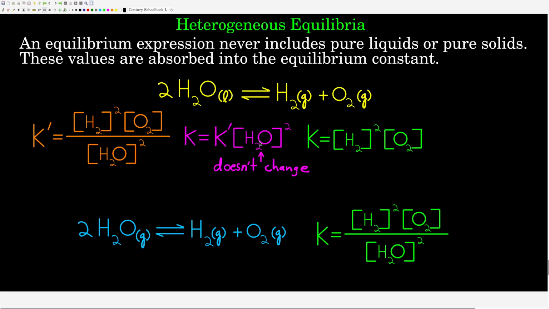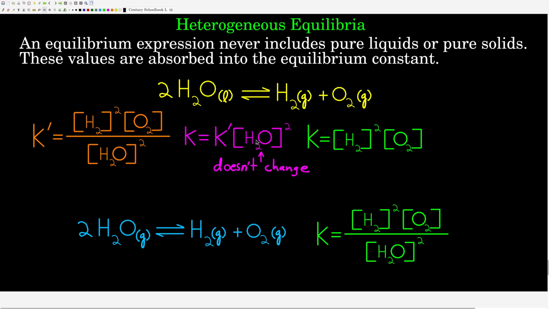If you think about it, it makes a lot of sense. How many moles per liter do we have? It's like 55 or something like that, but it doesn't really matter. It's a constant. Even if we take half of that water away, we still have the same number of moles per liter, because we took half the moles away and half the volume away. So it's the same molarity. That's a constant. Same thing for a solid.